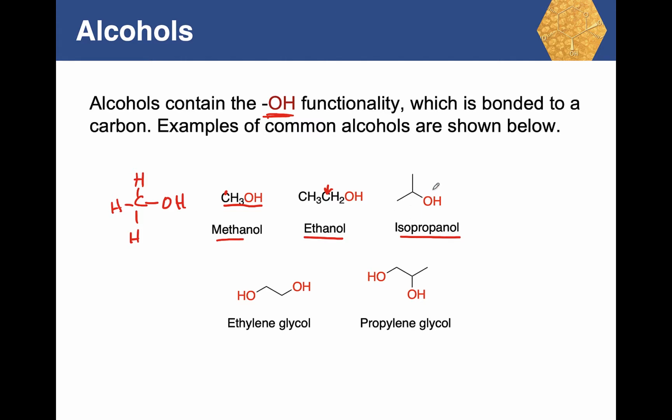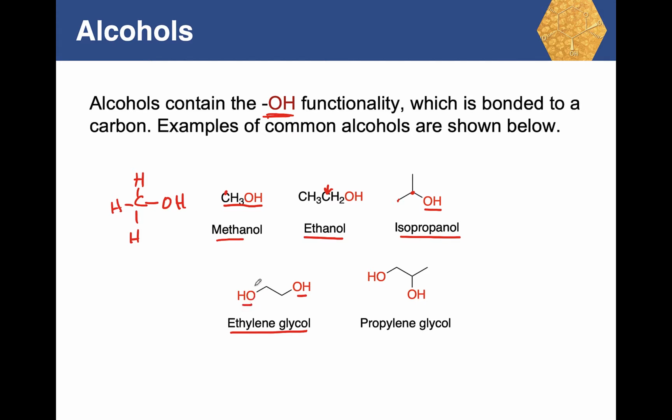As you can see here, this is the line angle representation, where this is a CH3, a CH, a CH3, and the OH is bonded to this CH. Here is ethylene glycol, which is a diol because it has 2 alcohols.